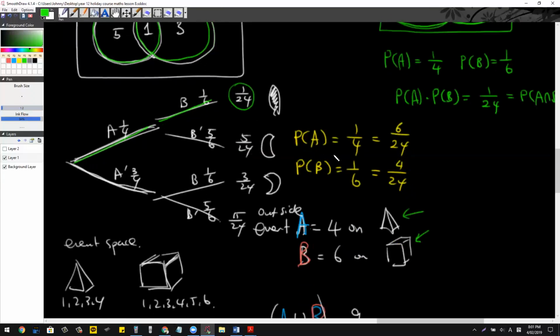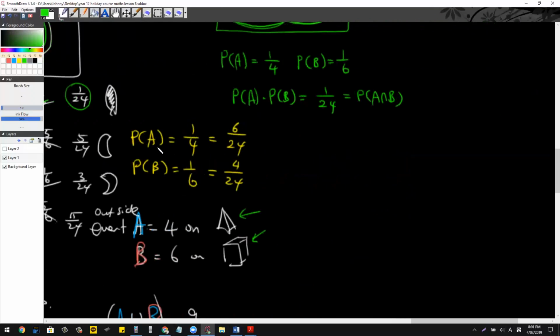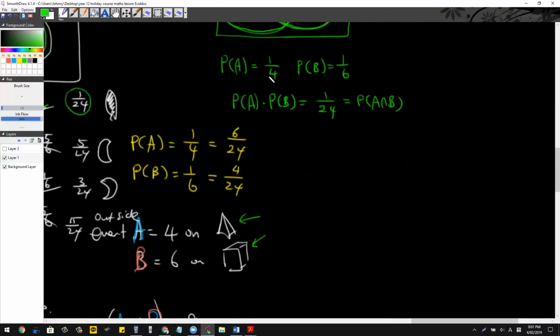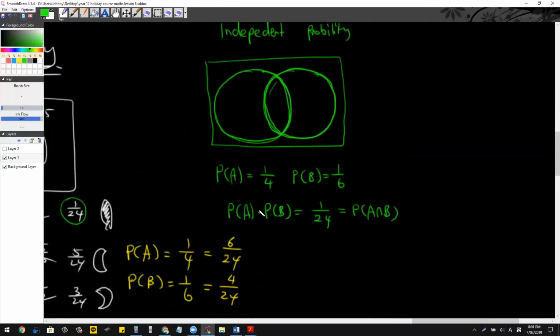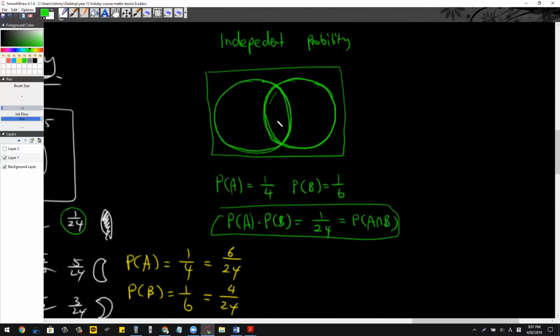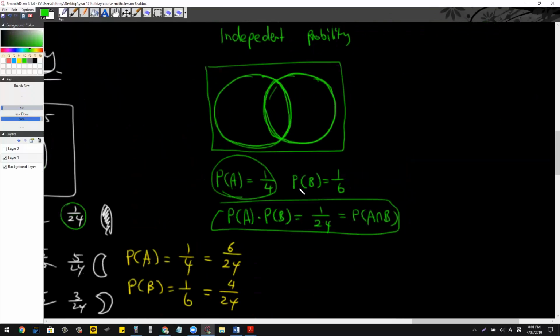But if you multiply A by B and you don't get the middle probability, then that's not independent probability. That means they depend on each other. So this is the relationship that proves that this is an independent probability. That times that gives us that, which is the middle probability.